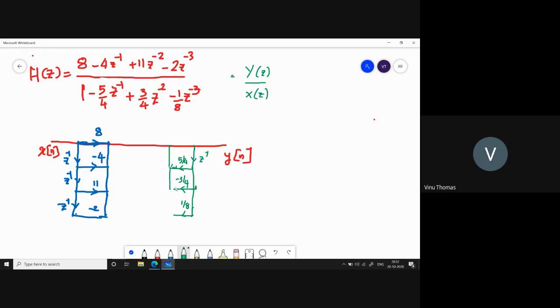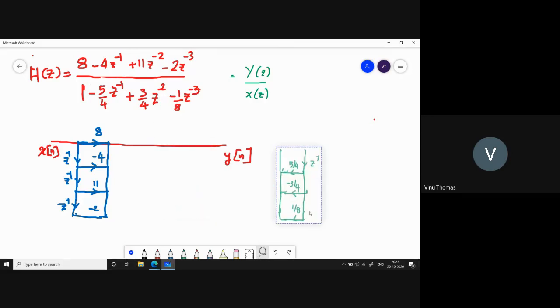So this is your direct form 1 structure. Now, how will you implement the direct form 2 structure? To implement the direct form 2 structure, you just need to take this part ahead of the implementation of the zeros.